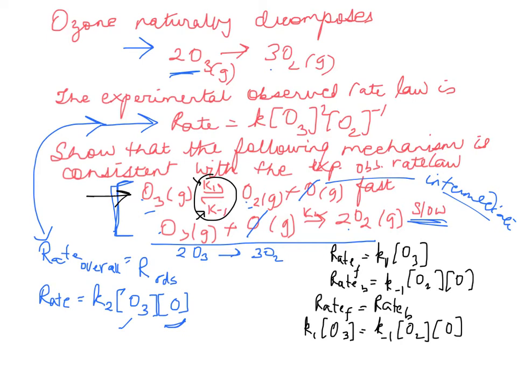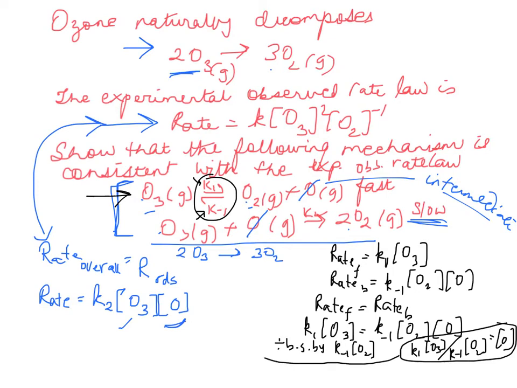So you can simply divide both sides by K inverse and O2, and that will give you K1 times O3 divided by K inverse times O2, and that number will come out to be the concentration of nascent oxygen. I'm going to plug this value of nascent oxygen into my equation.